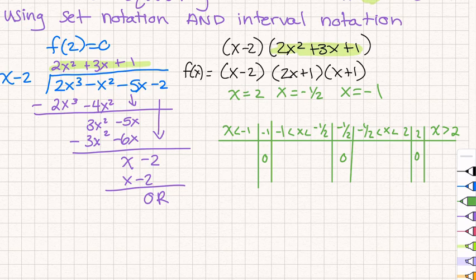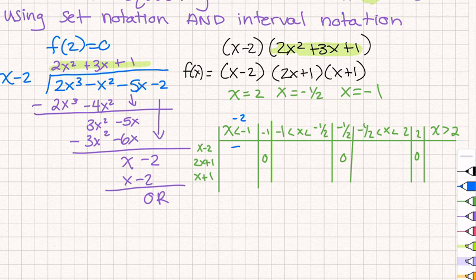So remember, we're going to use what we have for factoring. So we have x minus 2, 2x plus 1, and x plus 1. Choose a number less than -1, say for instance -2. If I sub it in here, negative.